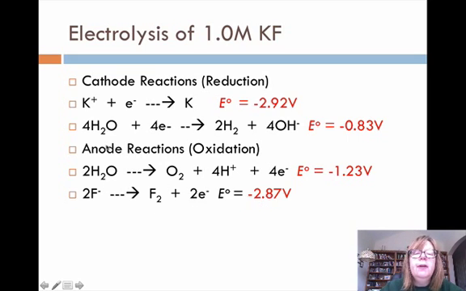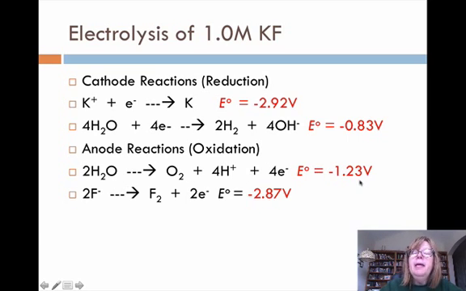And then the other anode reaction is the oxidation reaction of the electrolysis of water, which is this reaction where oxygen is being produced. Now, which one of these reactions is happening at the anode? The answer is the one with the highest potential, which is the electrolysis of water.